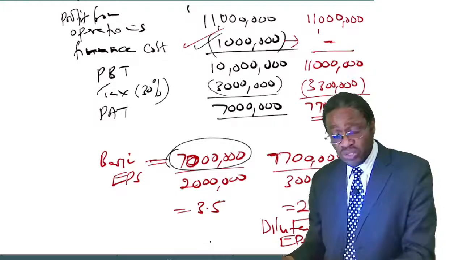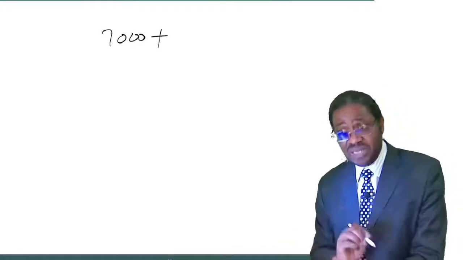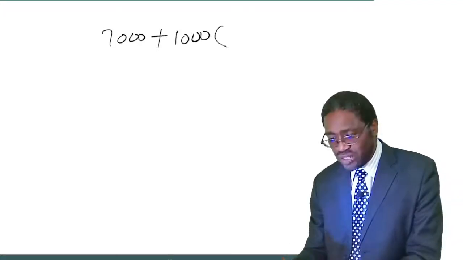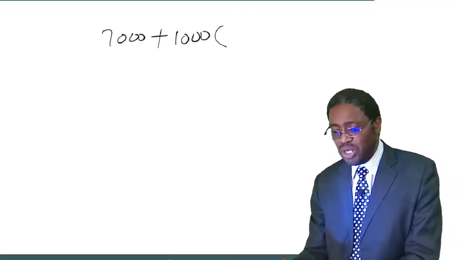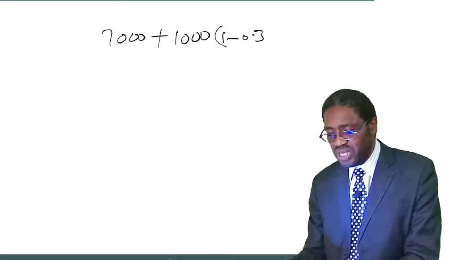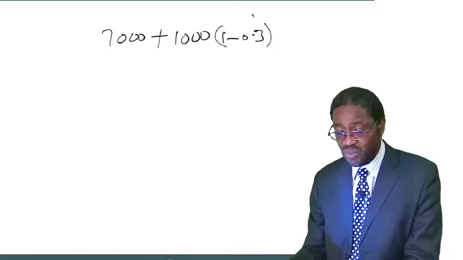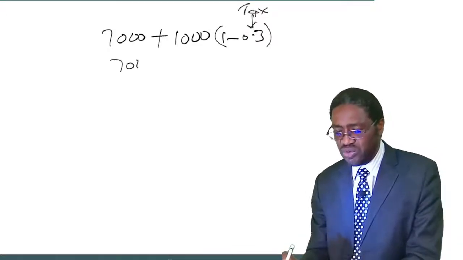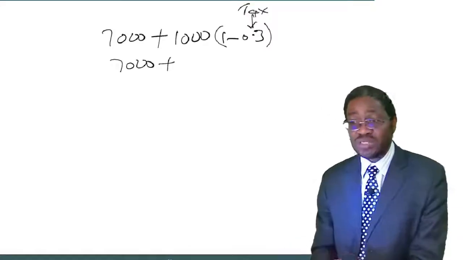So to compute the earnings, you will take that 7 million, you add that 1 million that you would have saved, net of what? Net of tax, which in simple terms you can say 1 minus 0.3, which is the tax rate. So which means it will be 7 million plus what?